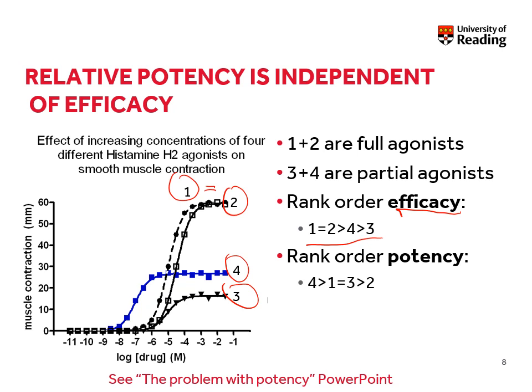So the rank order of efficacy would be this here. But if we then re-rank those drugs in terms of their potency, we get a very different picture. By far and away, the most potent drug is drug 4, because drug 4's EC50 is the lowest EC50 value.